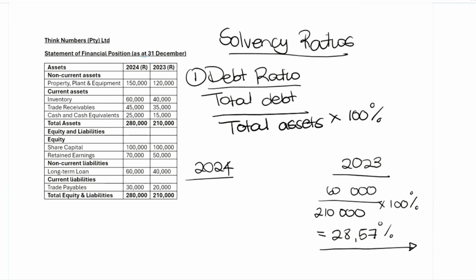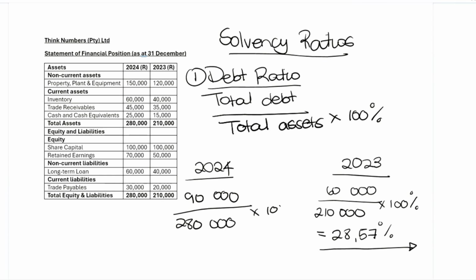Moving on over to 2024, we'll do the same thing, where for 2024, our total debt amounted to 90,000, which is the 60,000 rands plus the 30,000, divided by the total assets of 280,000.